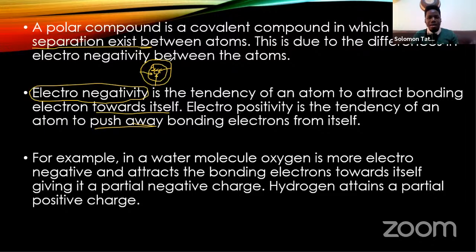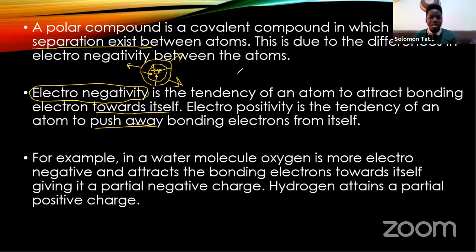In electropositivity, the bonding electrons are pushed away, meaning this atom is ready to give them away. Sometimes this is because of the shielding effect in the orbitals around. The nucleus is not positive enough to attract these bonding electrons.